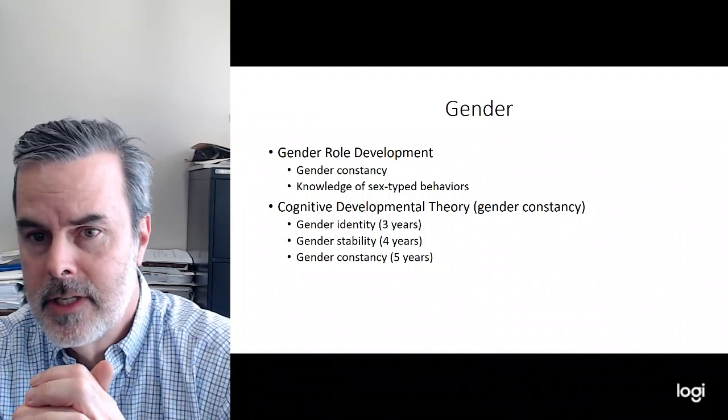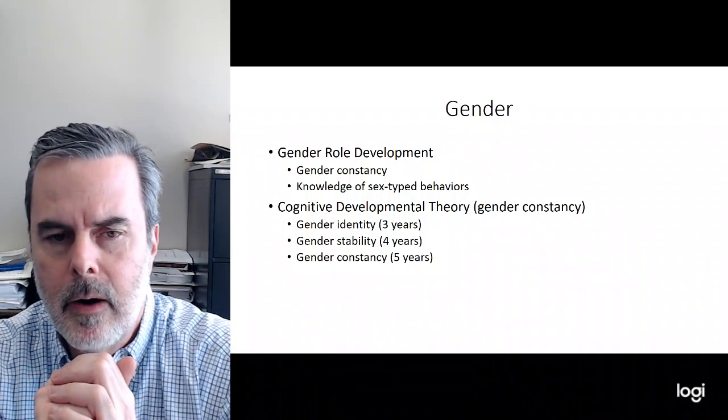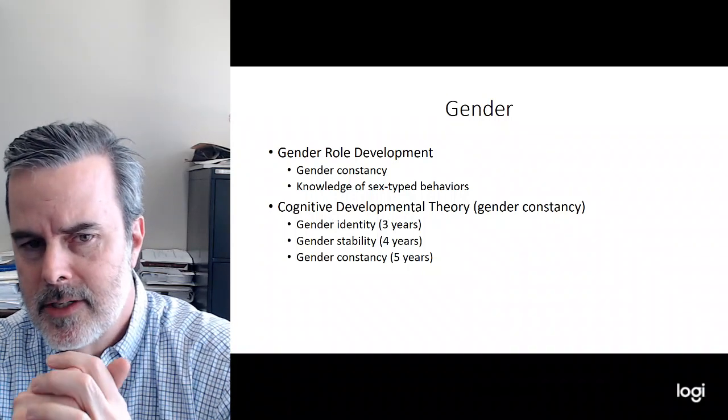And kids who understand gender constancy understand that the man's sex remains the same when the dress is put on, despite the changes in the appearance.